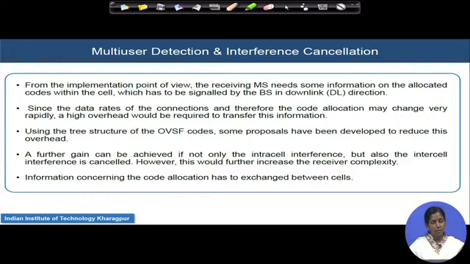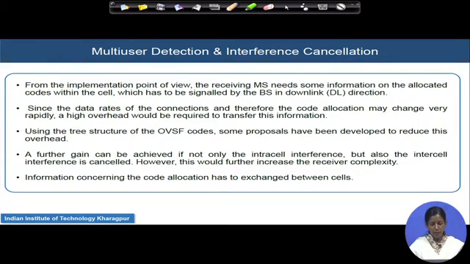But if we think of a tree OVSF structure, some proposals can be developed where, with minimal information given to the mobile station, and knowing that the OVSF tree structure is used to provide the codes to the neighbors, he can actually make out what other codes are already allotted to the neighbors.